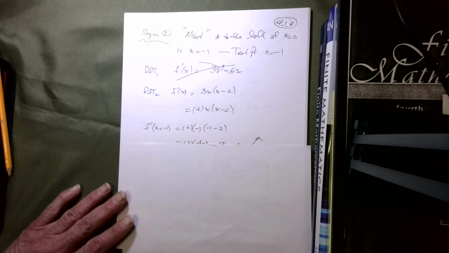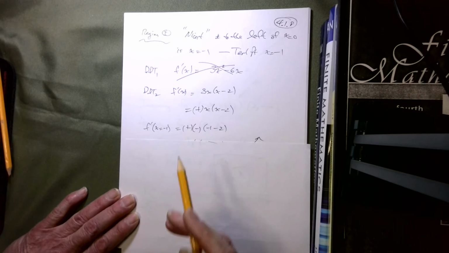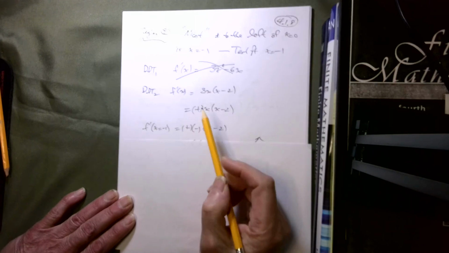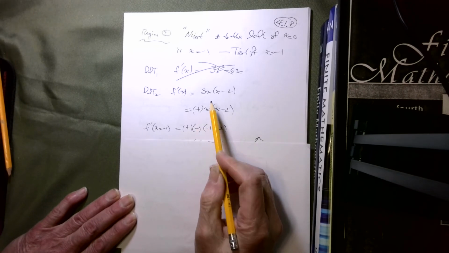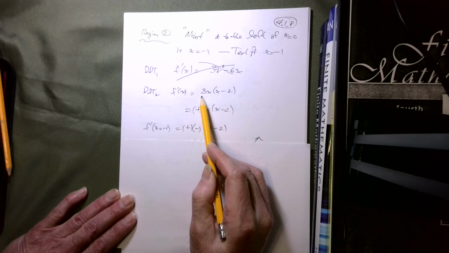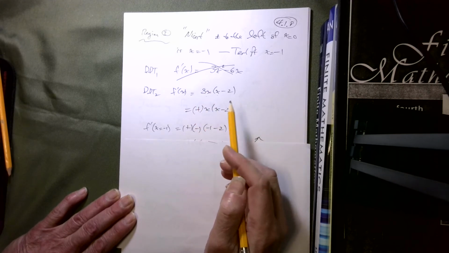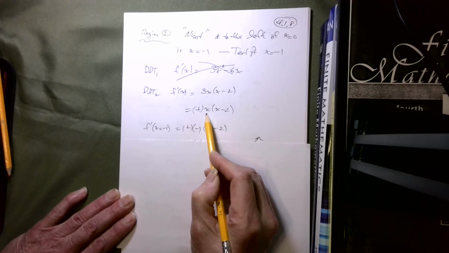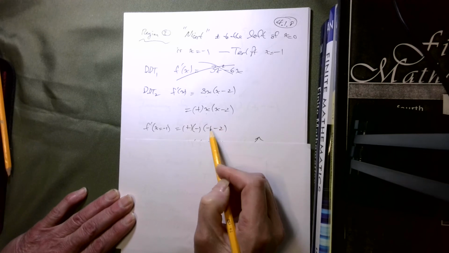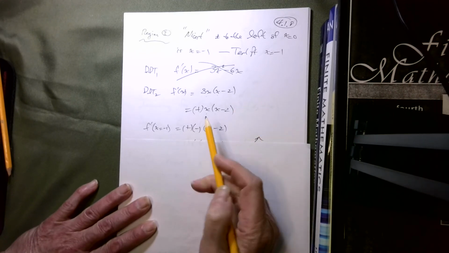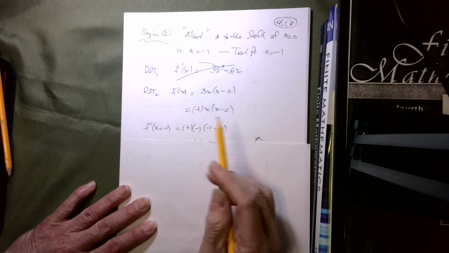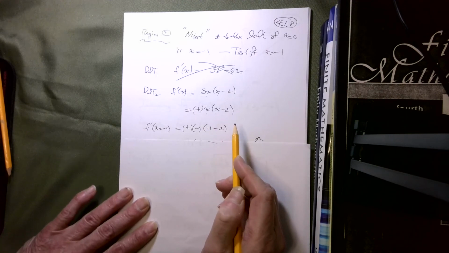So if I pick a negative 1, I'm going to put the negative 1 into here, here, here. 3 is a positive number. Don't worry about it. So I'm going to put a negative 1 in here, a negative 1 minus a 2. And I don't care what this number is. All I care about is it positive or is it negative.